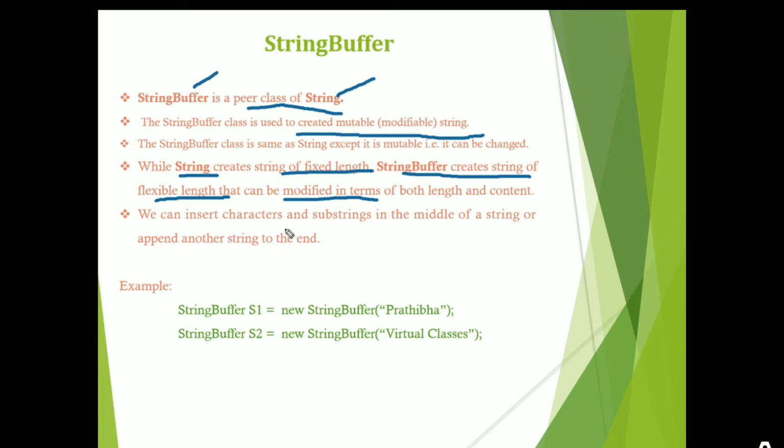And we can insert characters or substrings in the middle of a string or append another string at the end. For example, here we created a StringBuffer: s1 is an object created with new StringBuffer and assigned "Pratibha". As this can be modified, here we again created a StringBuffer, s2 equals new StringBuffer, and these can be modified after creation.